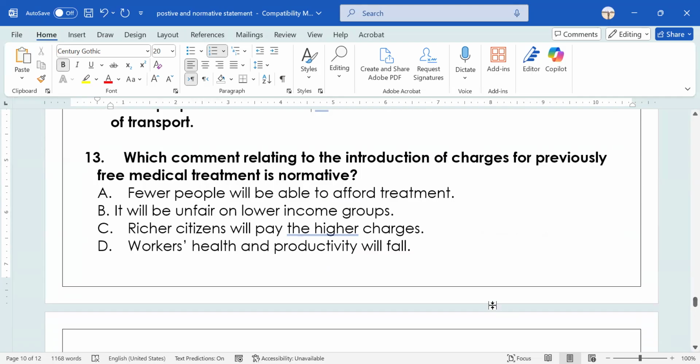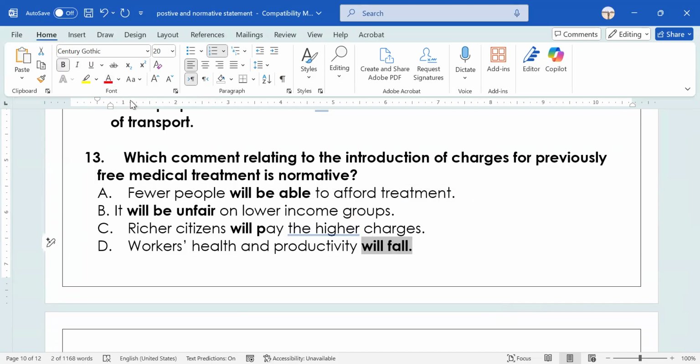Letter A is will be able, then you have will be unfair, so obviously this is the answer. Letter C is will pay, and letter D is will fall.